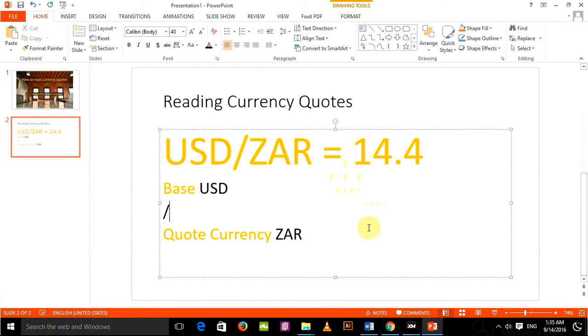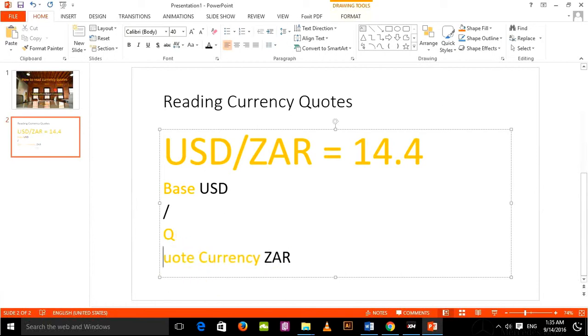So if this were, let's say, your euro CAD, in this instance the first one that comes before the slash is your base currency, and the second one is your quote currency. Now let's examine what this means.